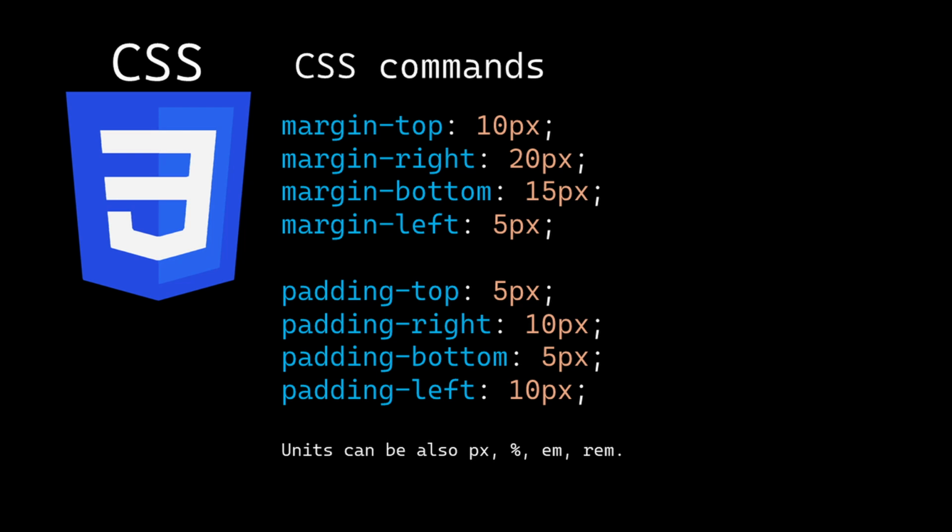Where you see pixels as a value unit, you can also use percentages, em or rem. These percentages, em or rem are relative units, which would appear the same on your screen as on other people's screens, which could use different types of pixels.